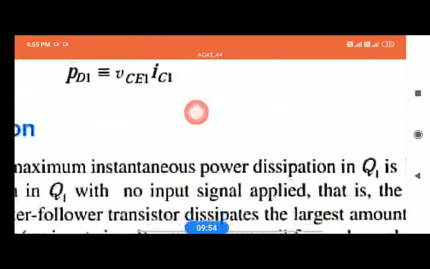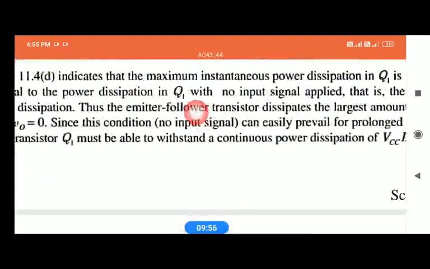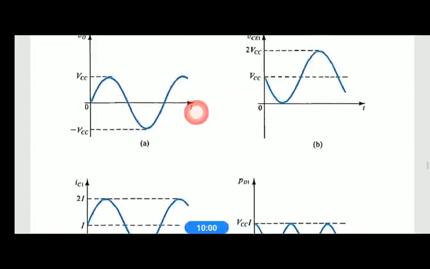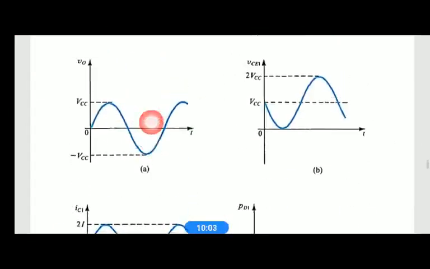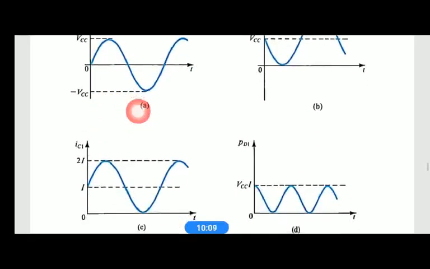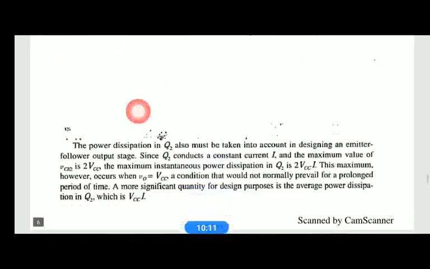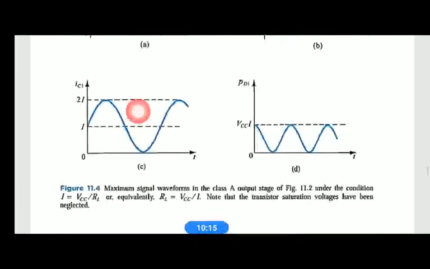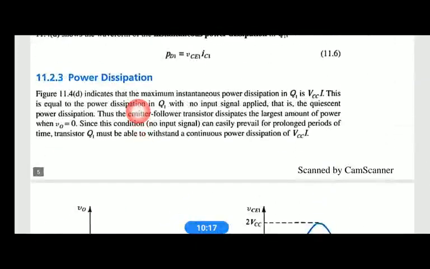Therefore the output voltage will be minus VCC. So you can see clearly that you will get the output voltage from plus VCC to minus VCC, right? So next we'll find out what the power dissipation is.